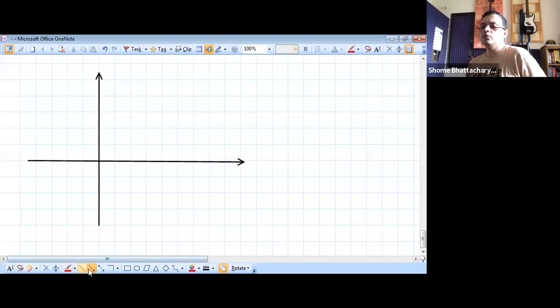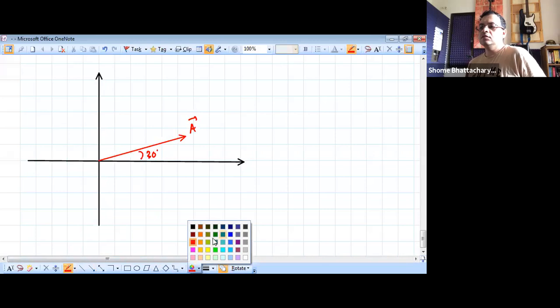E was already drawn from there, so no problems for E. E was like this at 30 degrees. But remember, how was B? B was like this when this angle was 30 degrees. So now when we draw it here, it will come here.